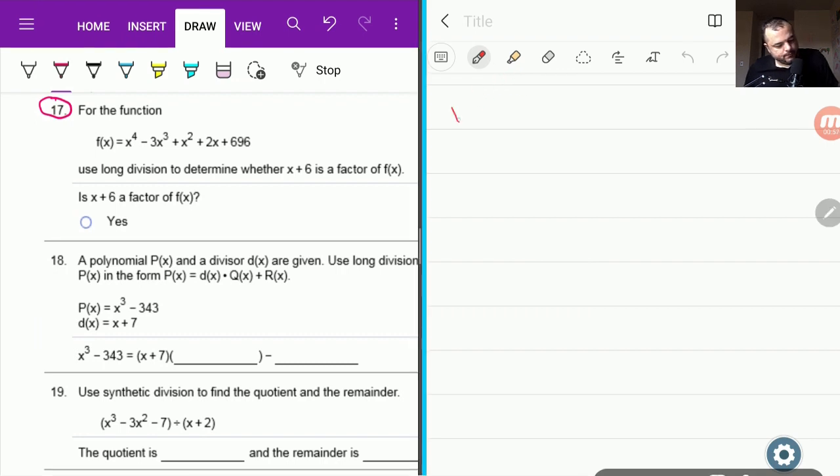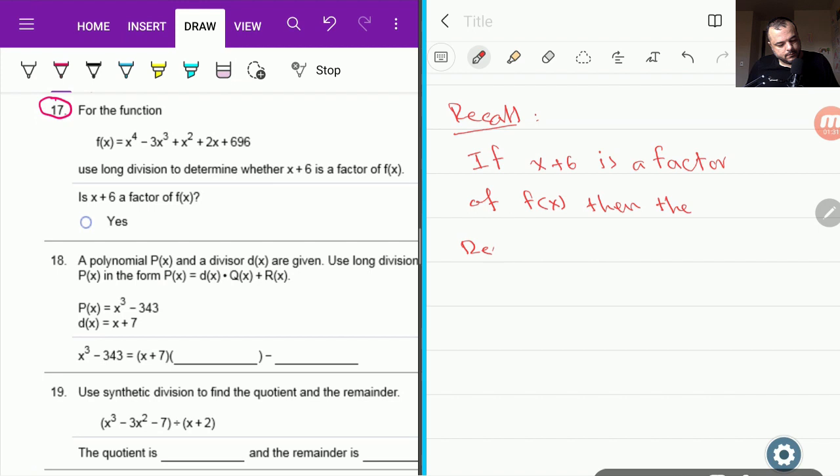So recall, if x plus 6 is a factor of the function f of x, then the remainder of f of x divided by this factor is going to be 0.